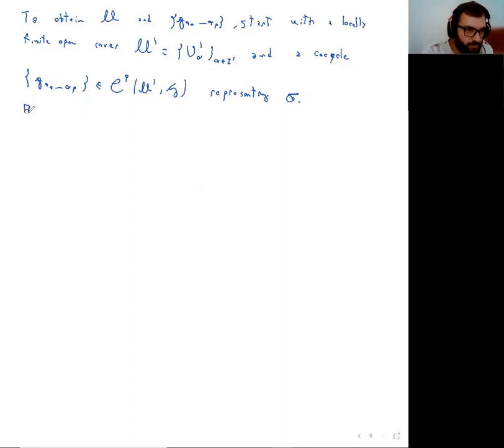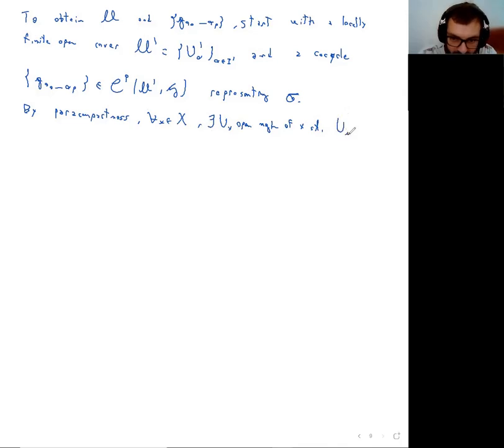Okay, so since X is paracompact, by paracompactness, for every point in the manifold, or well, in the topological space, there exists an open neighborhood U_x of x such that U_x is contained in U alpha prime for finitely many alphas.